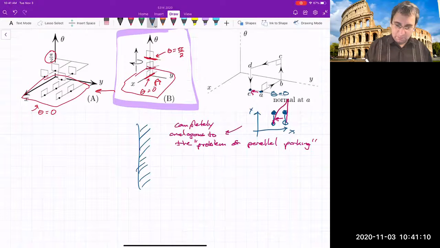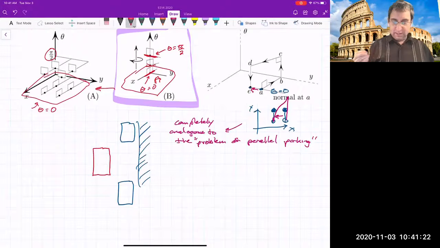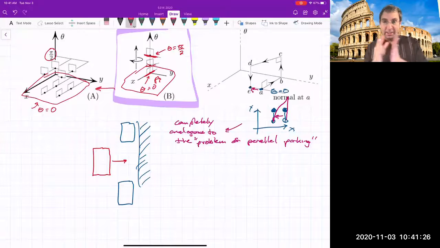So if this is the curb, and here's the car, here's another car, and you're like, I could fit right there between the two. If I'm right here, unfortunately, because of the constraints of how my wheels go, I can't just do a sideways displacement.